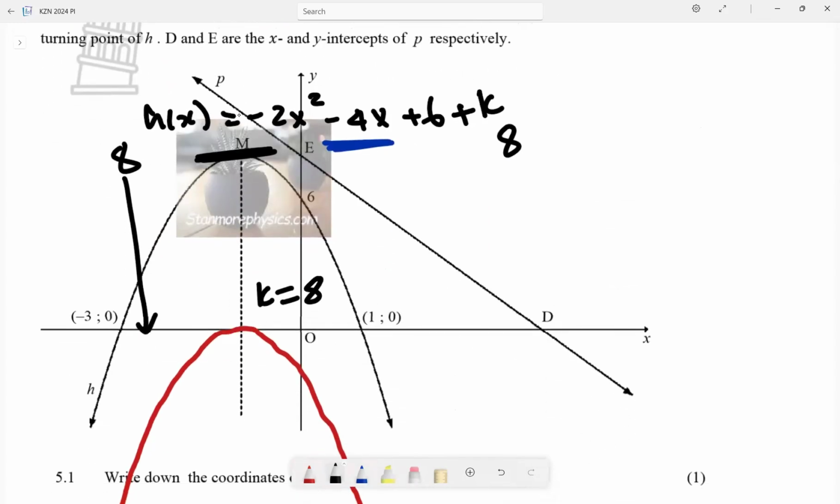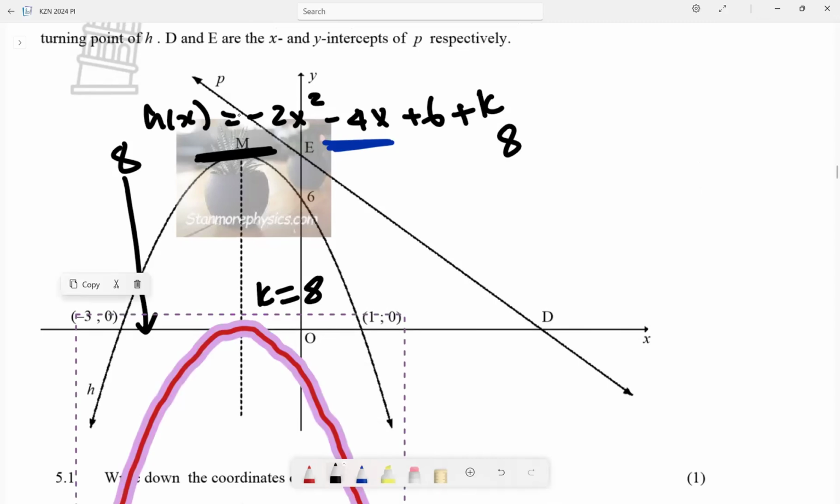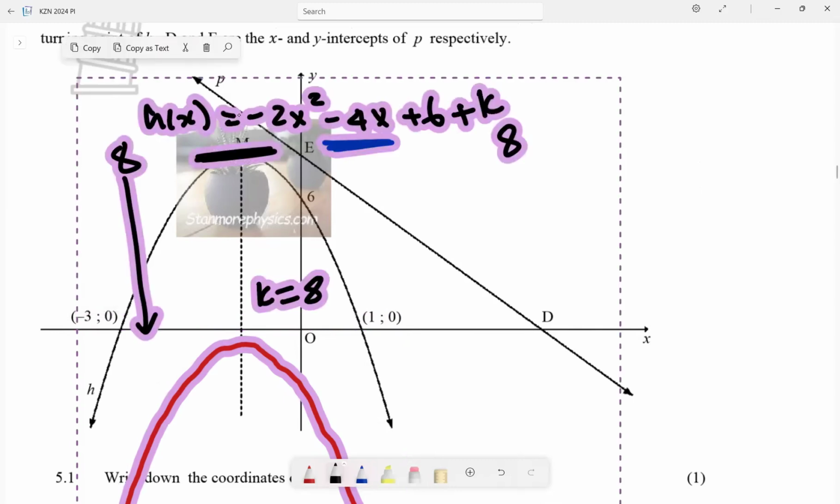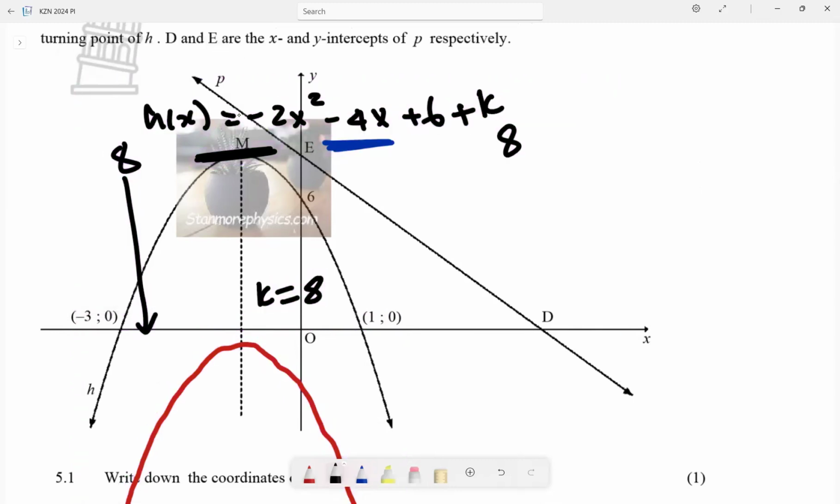So it means if k was to be greater than 8, can you see here like this? If it is greater than 8, it now does not have any root, it does not have any x-intercept, any intercept with the axis. So the value of k should be greater than 8. From here to here, I said it is exactly 8.